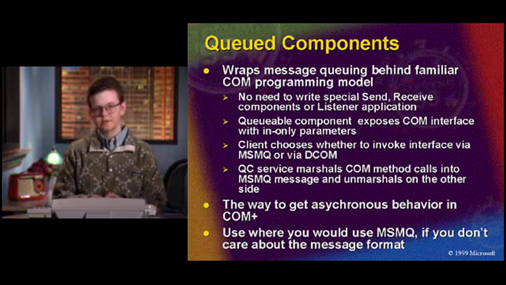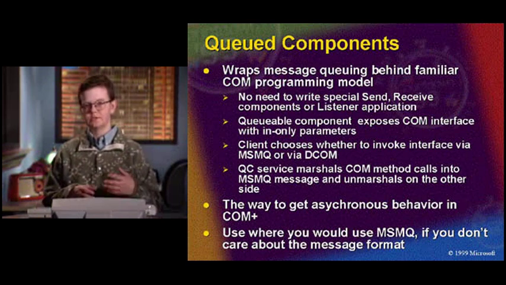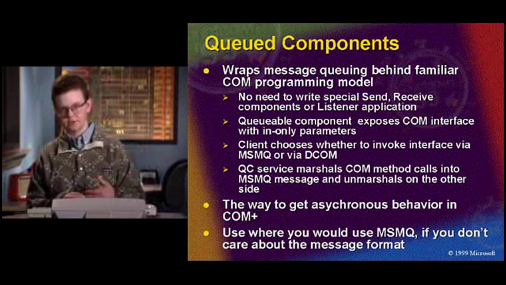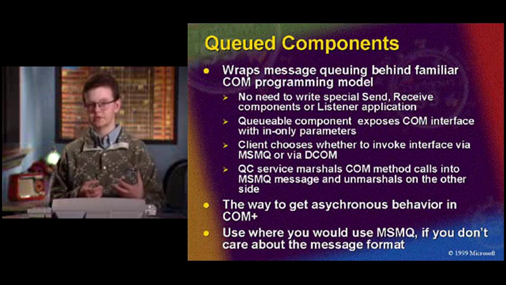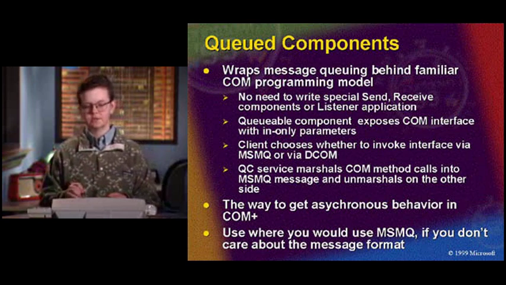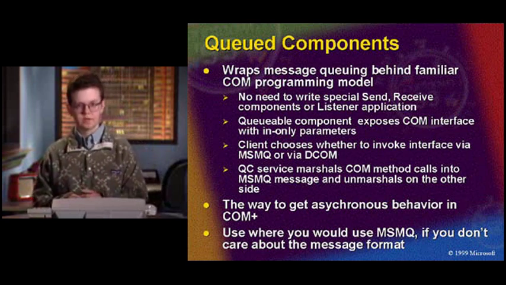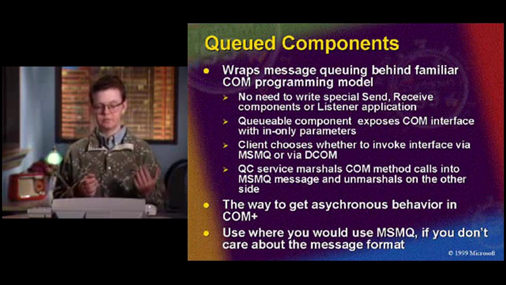Queued components is an interesting new feature that we're adding that wraps message queuing behind the normal COM programming model. So instead of having to explicitly write code to send a message to a queue and figure out how to parse that message and get it over to the correct receiving application, you basically just say, here's a component, I want to expose its interface so that it can be queued, so that I don't need to have a time dependence on receiving this message and getting a response back.